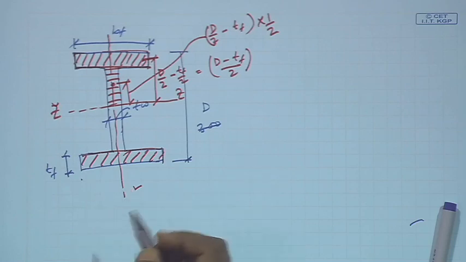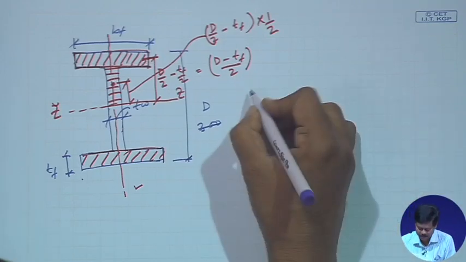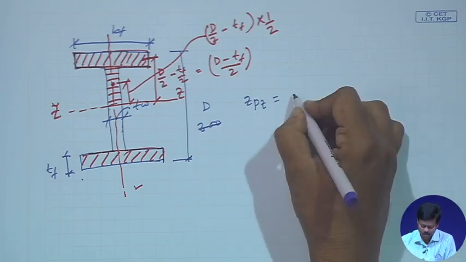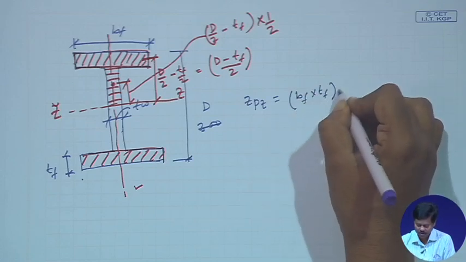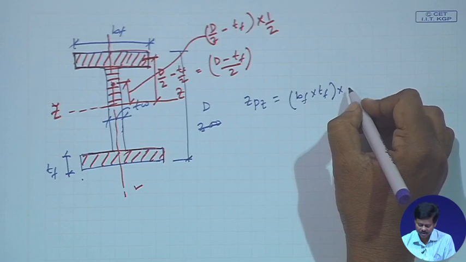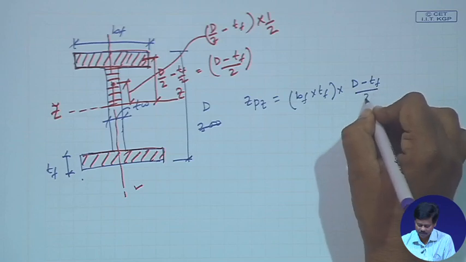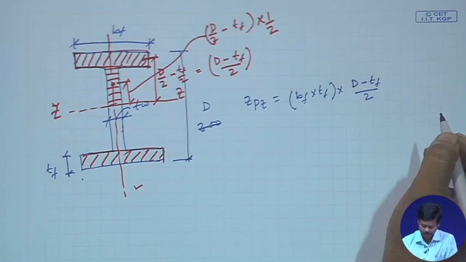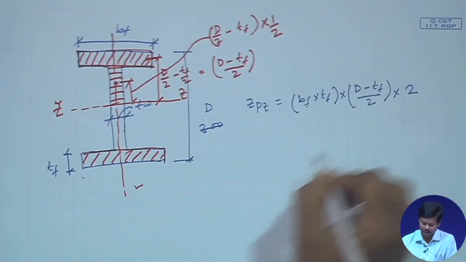If I now try to find the section modulus, say Zpz, Zpz will be bf into tf, which is the area of the flange, into the distance between the CG of the flange and the CG of the section, that is (d minus tf) by 2, that is d by 2 minus tf by 2, into 2 for the two sides.